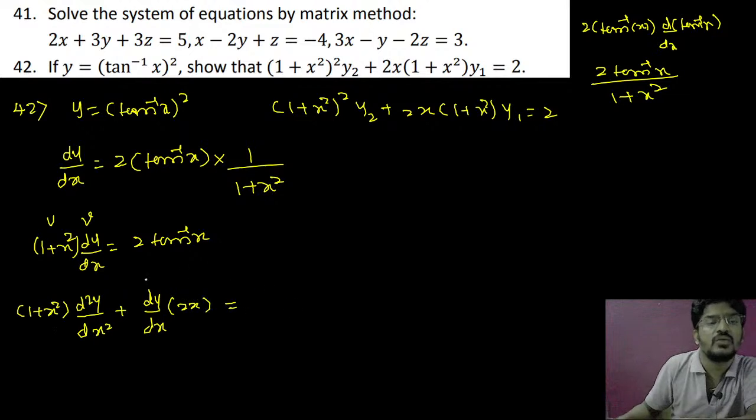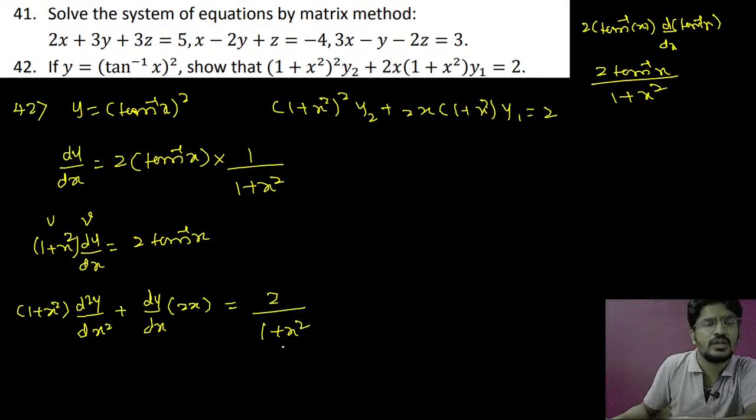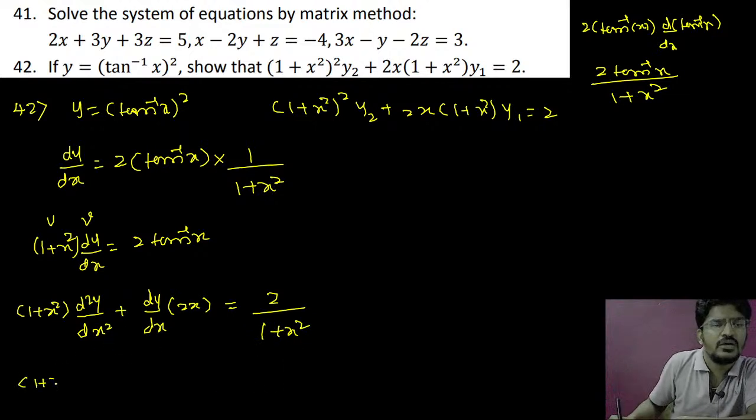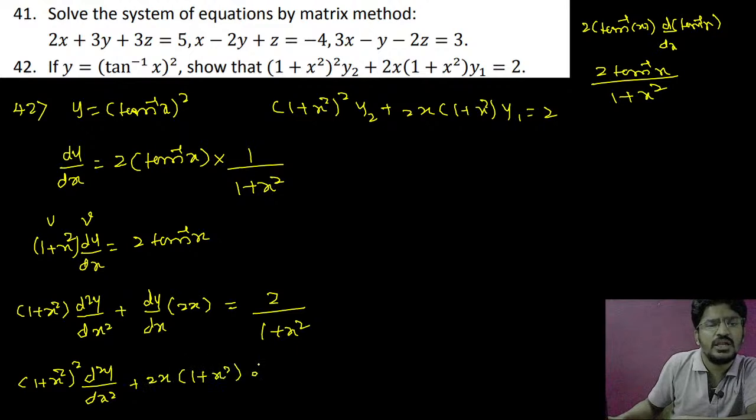That will be equal to differentiation of 2 tan inverse x, so 2 into 1 by 1 plus x square. Now you multiply 1 plus x square to LHS, that will be 1 plus x square whole square d square y by dx square plus 2x into 1 plus x square into dy by dx equal to 2.